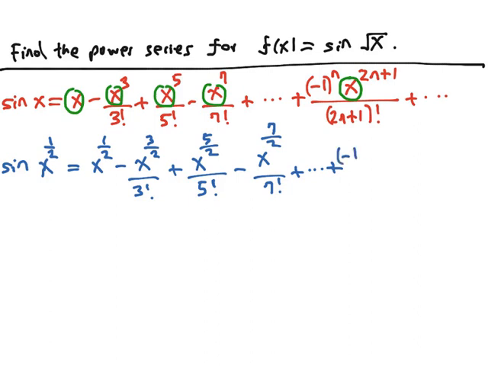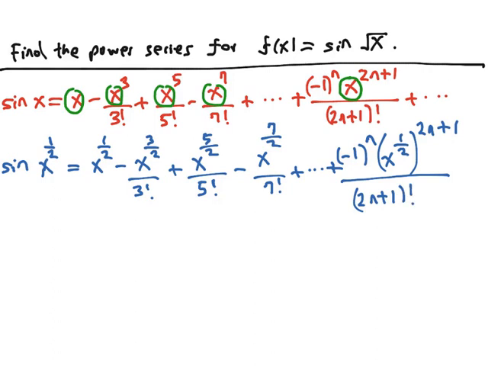And then for the nth term, you'll have negative 1 to the n times x to the 1/2 to the 2n plus 1 power over 2n plus 1 factorial, and it keeps going after that.